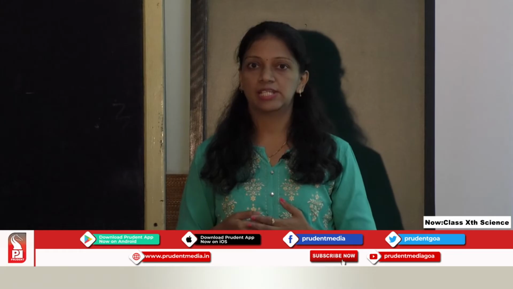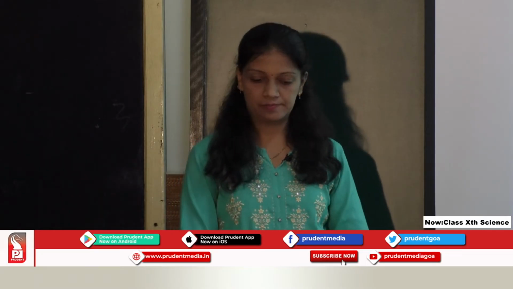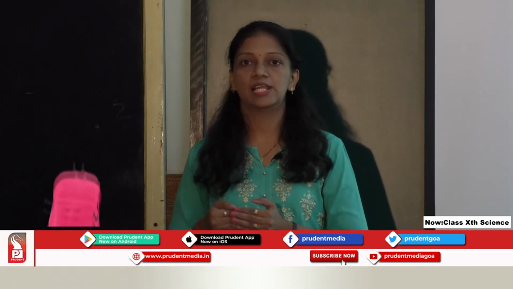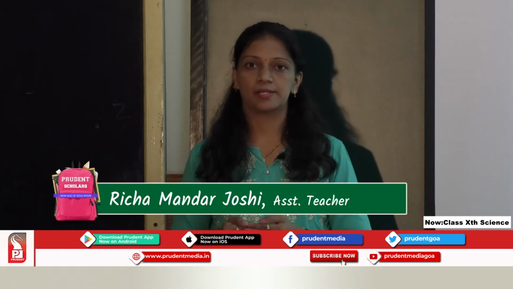People have been using them from last so many years. They are not new to us, they are being used traditionally, like fossil fuels, coal, petroleum products, water from which we derive hydroelectric energy, biomass and wind. So, these are the examples of conventional sources which are traditionally being used in our country.